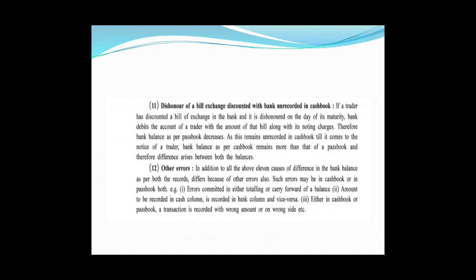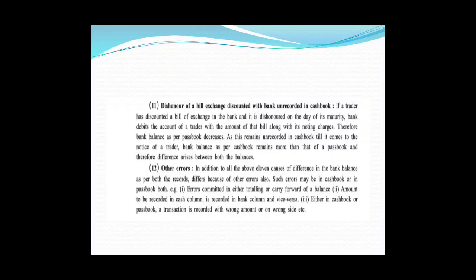Right now, on the day of maturity, there is a dishonor of the bill of exchange from the side of the customer or drawee who had accepted to pay. So the bank will immediately debit the amount of the bill along with noting charges to our bank account, but we are not knowing all this. We are not informed about that.